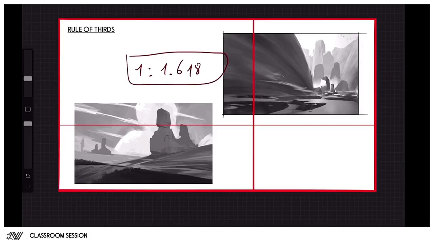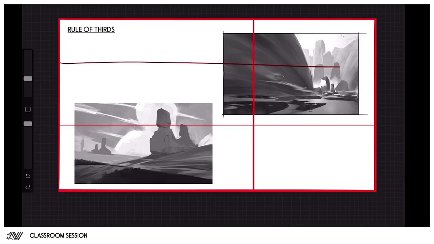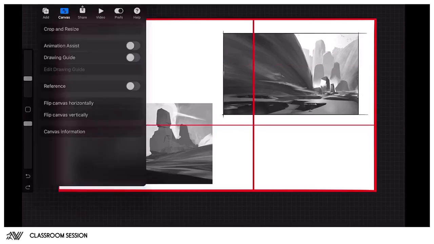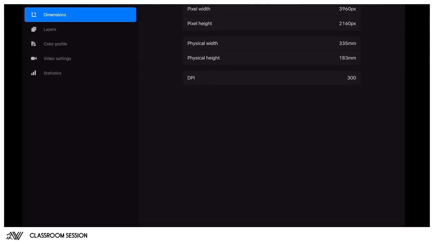If you want to divide your canvas into the golden ratio, what you simply do is estimate the width or the length of your canvas. In this case, I'm not sure what my canvas is. Right, so the width is 3,960 pixels and the height is 2,160, okay?